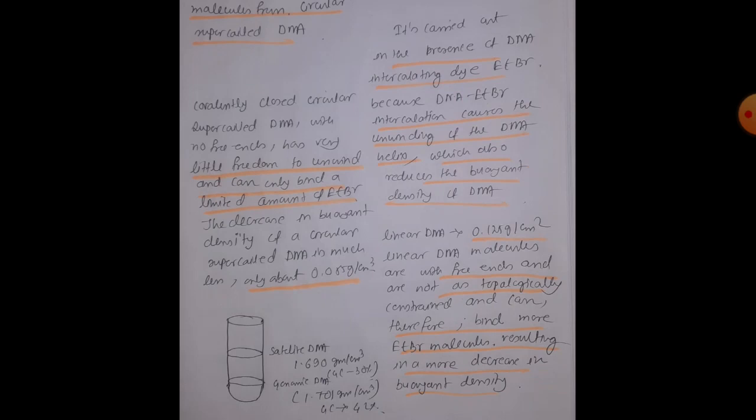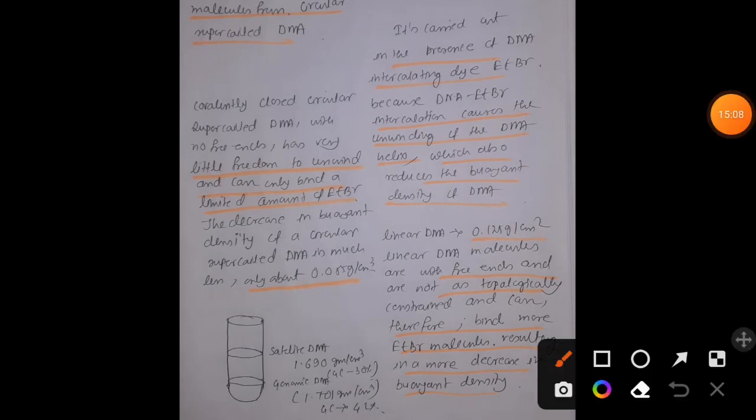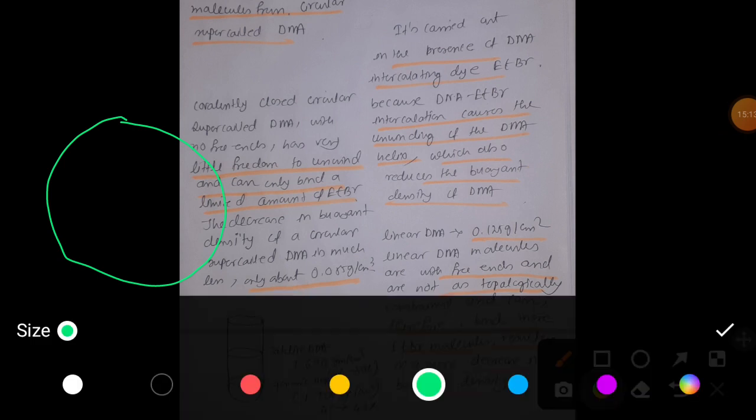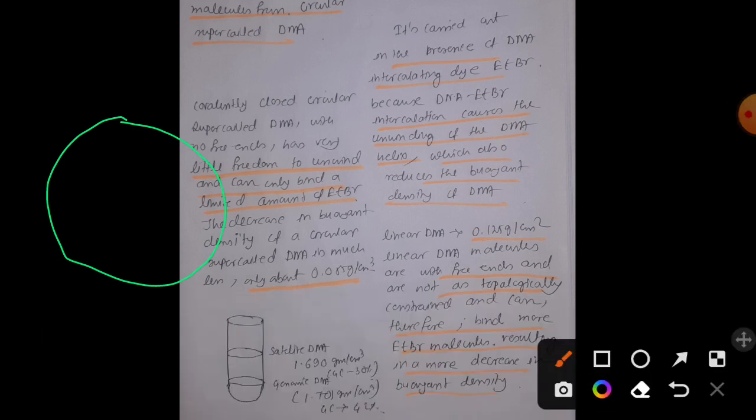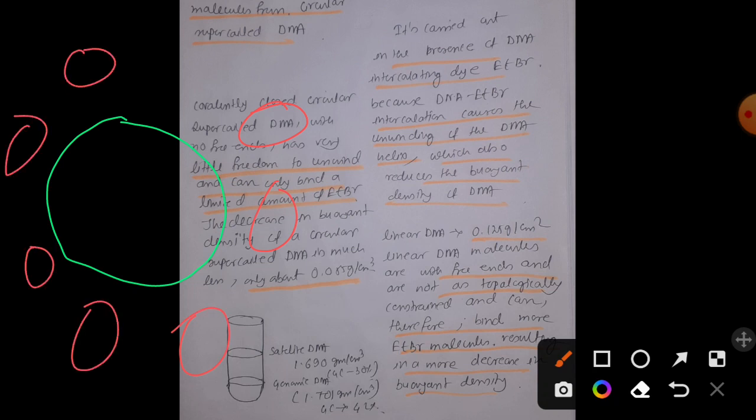That means as there are no free ends present, it becomes very difficult for ETBr to bind and facilitate the unwinding. And as only a very small amount of ETBr can bind, it also reduces the density by a very small amount, near about 0.085 gram per centimeter cube.